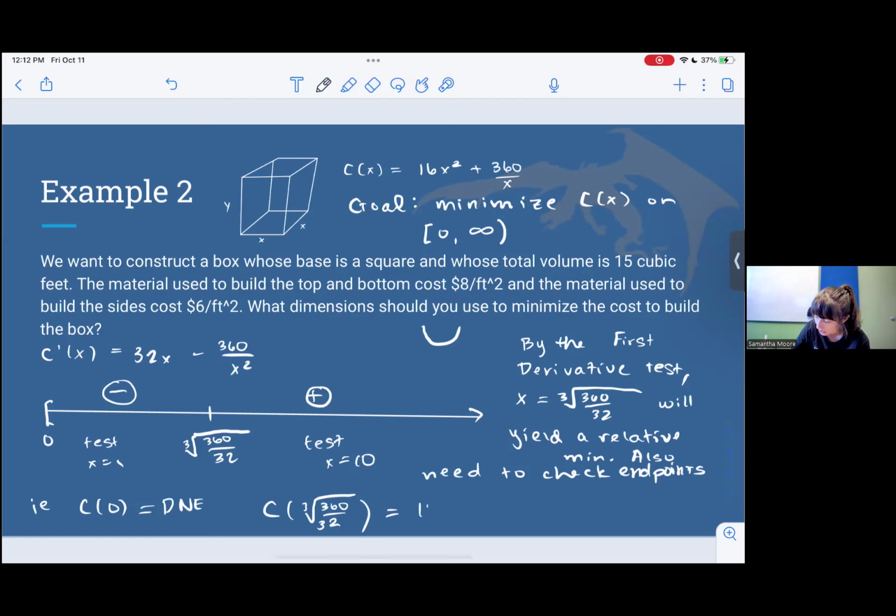And so that minimum cost is going to be 16 times cube root of 360 over 32 squared, plus 360 divided by that cube root.